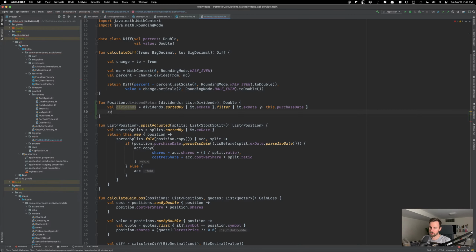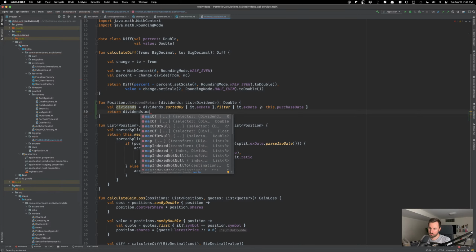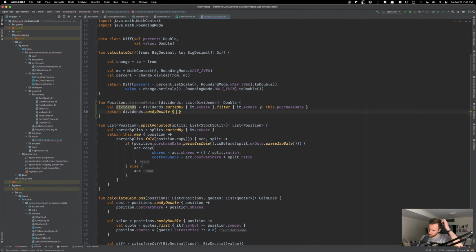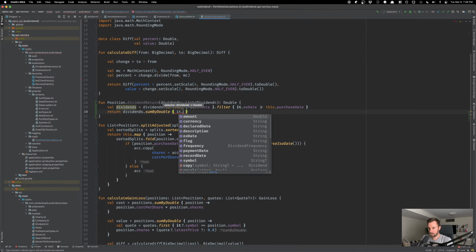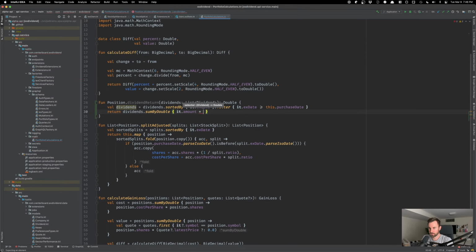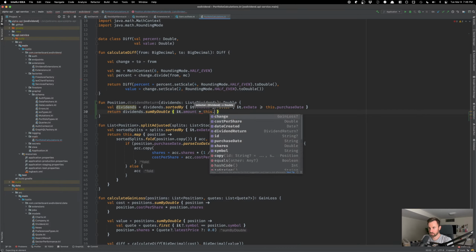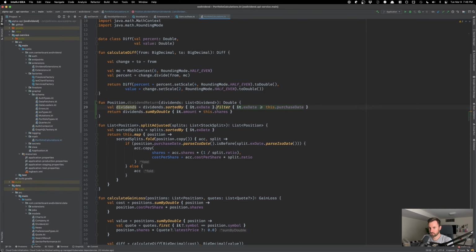And then we can just return dividends.sumByDouble of it.amount times this.shares.